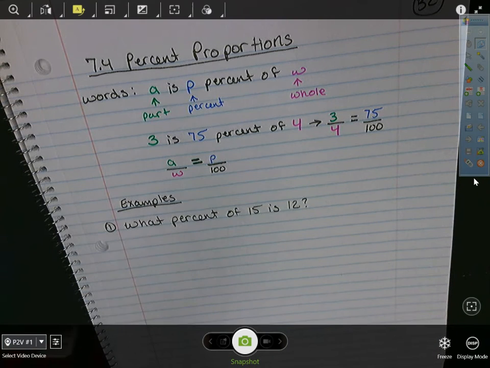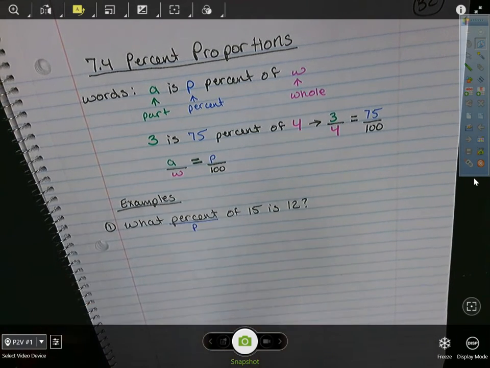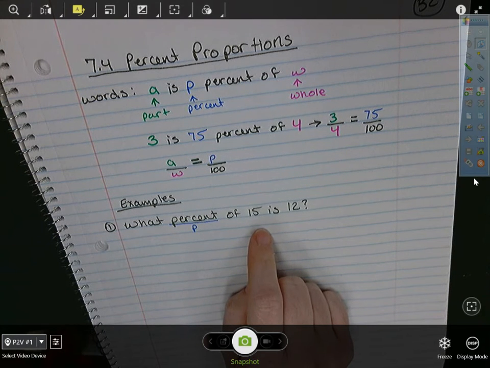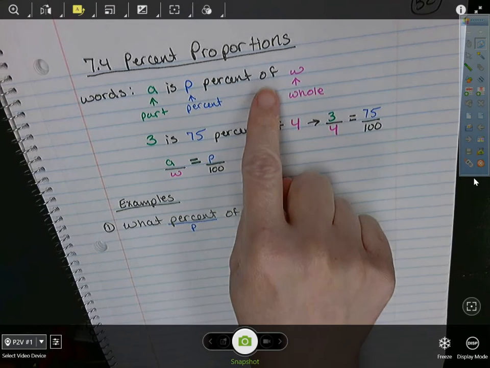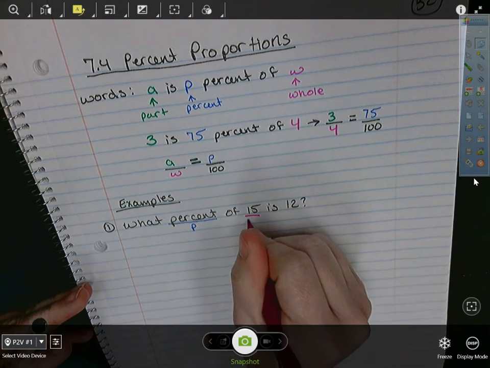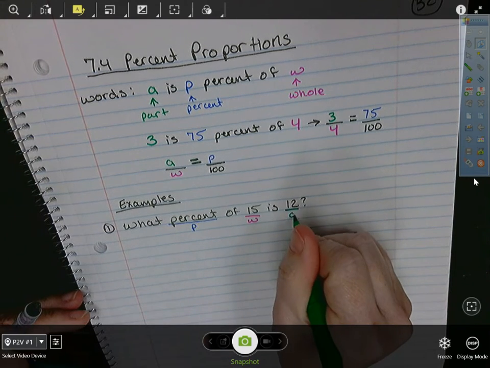So it's asking what percent. So I do not know what percent it is. So that would be my P. So I don't know what the P is. And then it says of 15. How you can tell which one's the whole, it's the one that comes after the word of. So it says of the whole. So of 15, that means 15 is the whole. So that would be your W. And then 12 is the part. So that would be A.